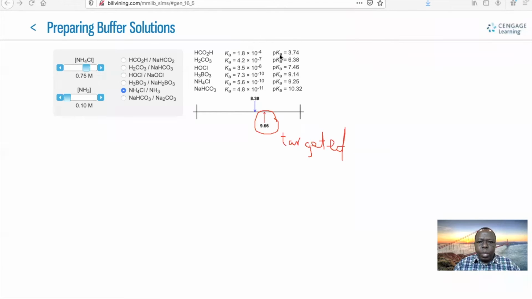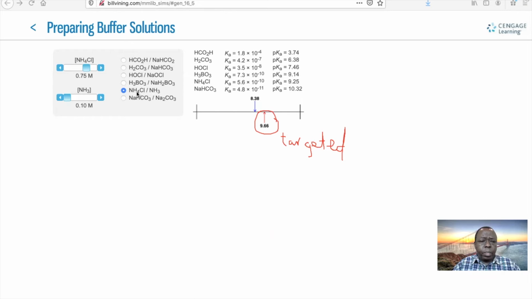We cannot use this acid right here because the pKa is way off. We need to pick an acid-base pair which has a pKa value closer to 9.6. I think this is what we need: ammonium chloride and ammonia.